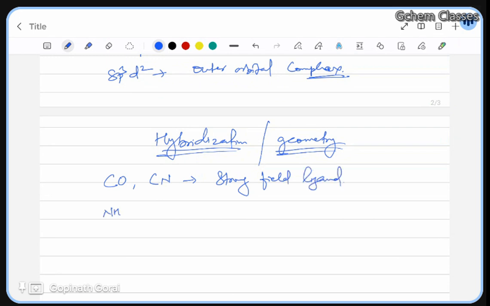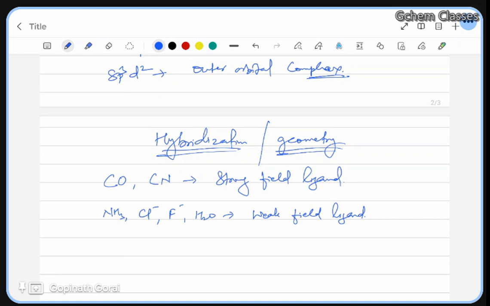Likewise, whenever NH3, chloride, fluoride, or water is there, it is a weak field ligand. Understood? So strong field ligand and weak field ligand.